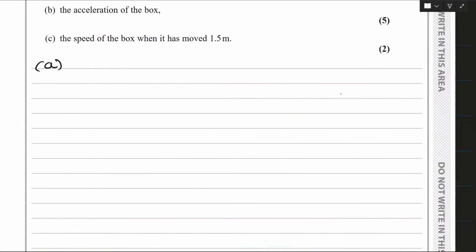So if we see what forces are there on our box, we are considering the box as a particle. Our box has a force of P on it, and that force is acting at 30 degrees to the horizontal. As our force is acting at an angle, this force will have two components, one horizontal component and one vertical component.